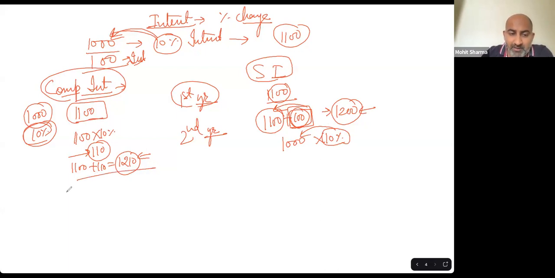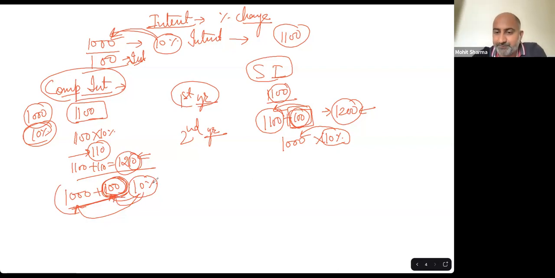But in compounding, after 1 year, the 10% is calculated on the entire amount, the principal plus the interest earned after 1 year. So the interest is calculated on the previous interest that I got. That 10 rupee difference is 10% of 100, and that makes the whole difference in case of compounding.